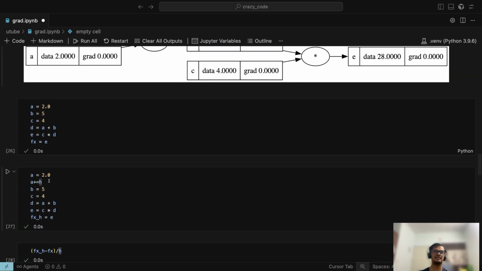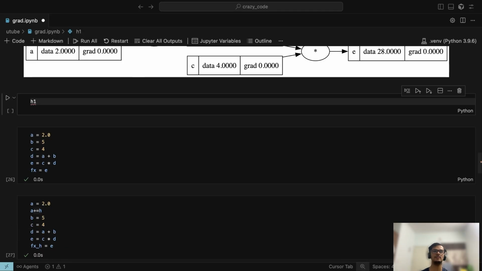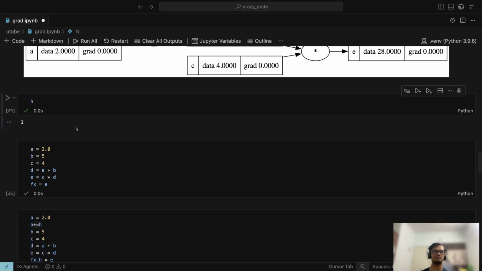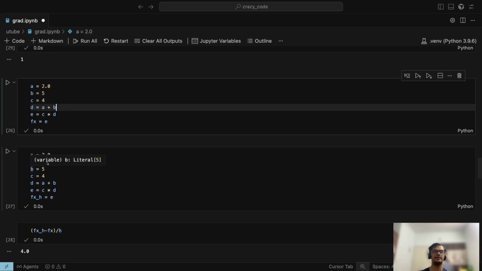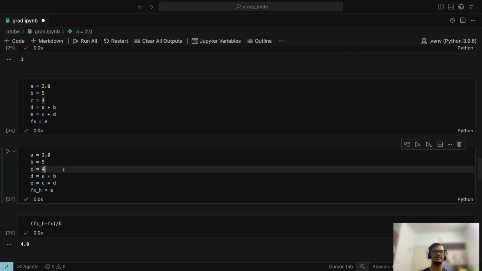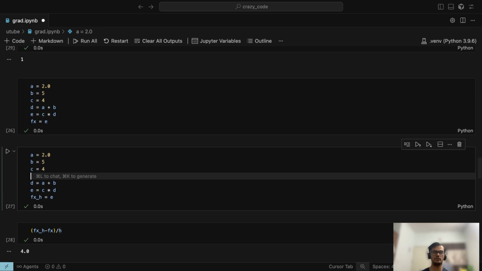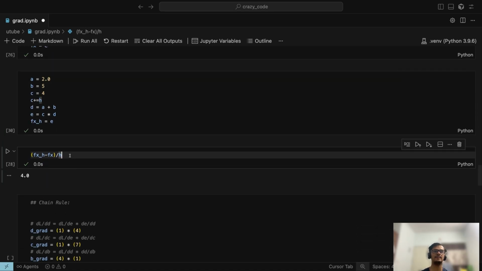So instead of adding h, which is just 1, to a, let's add it to c. If we add it to c and calculate this again, we get the gradient value as 7.